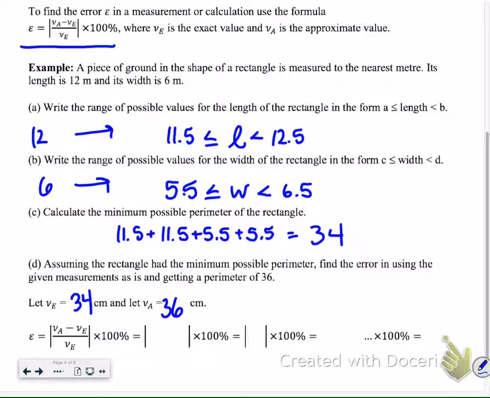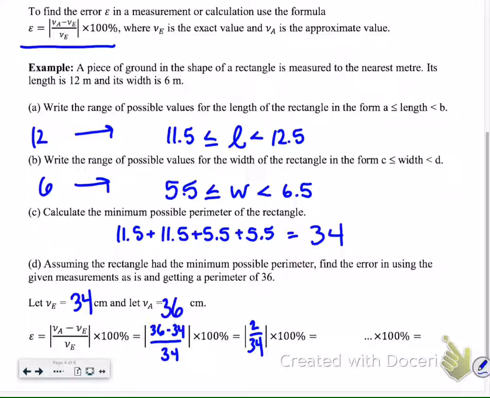So in my formula here, I'm going to take my 36 minus 34 over 34. Now again, that formula is given to you like that, so you'll know how to plug things in. And it does actually even say the V sub B is the exact and the V sub A is the approximate, so you don't have to remember which one is which. So if I do the math here, I get 2 over 34. Don't worry about reducing that. Just go ahead and make it a decimal.